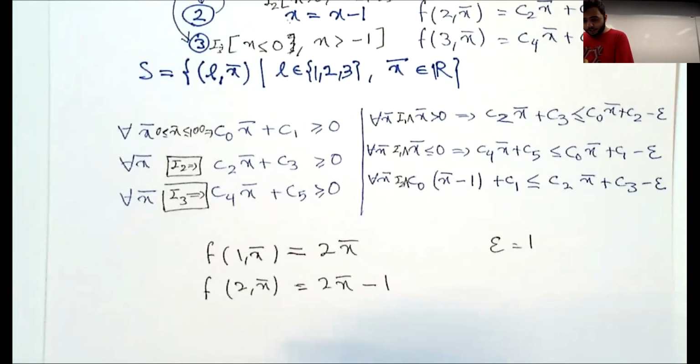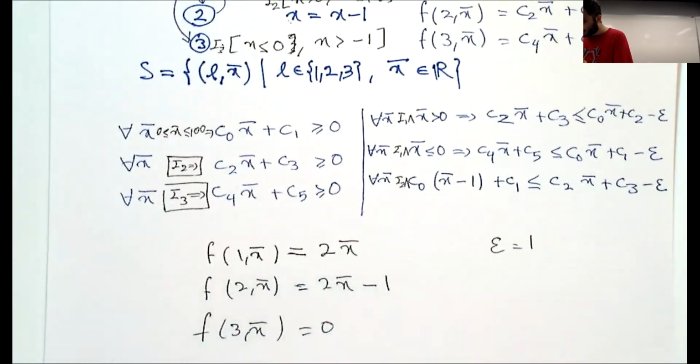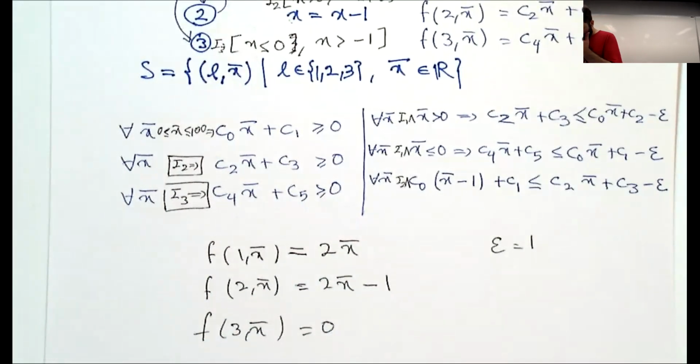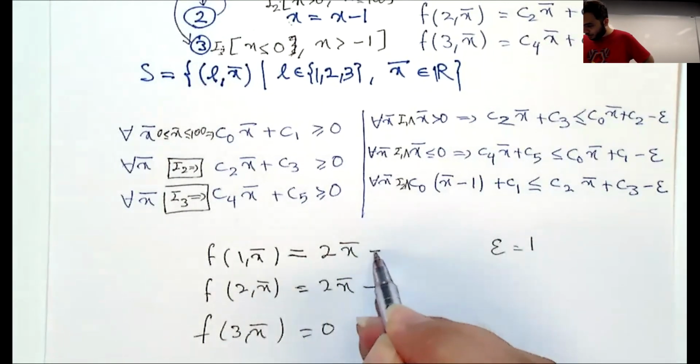We haven't defined f at point 3 yet. Let's say that f of 3 x bar is just 0 always. So what I want is that whenever I go from 1 to 3, my value should decrease by at least 1. So instead of just having 2x bar here, I can have 2x bar plus 1.